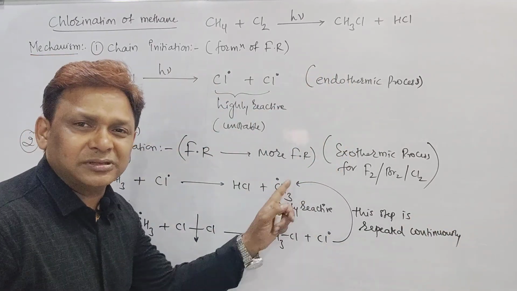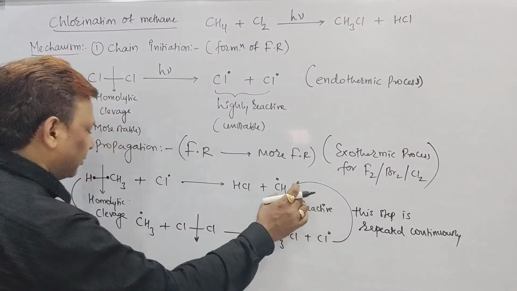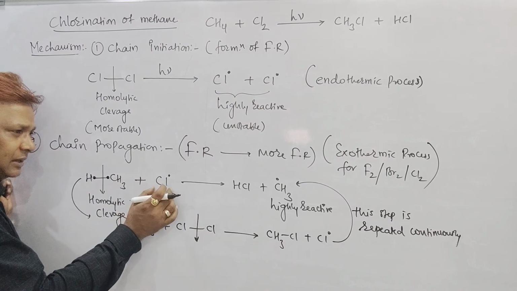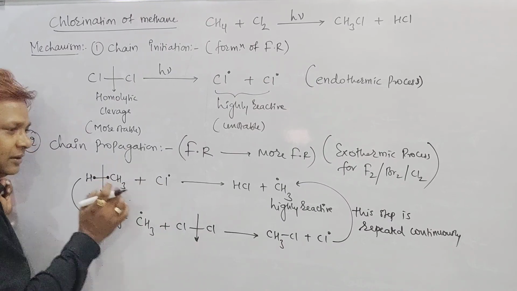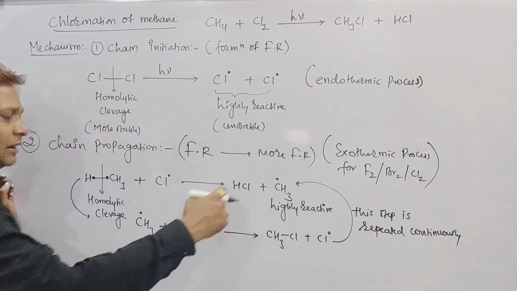The Cl radical attacks the CH3 radical, and this CH3 radical attacks here, and I got CH3Cl. See, beta, these combine together to form CH3Cl.